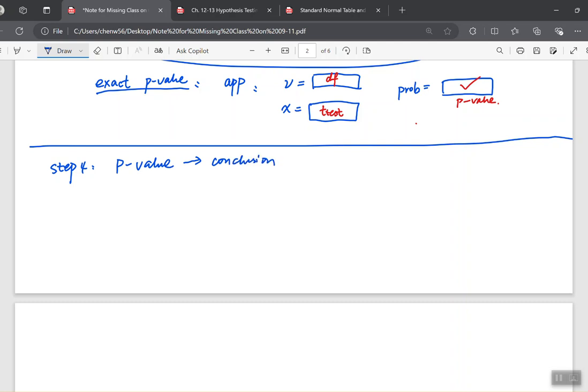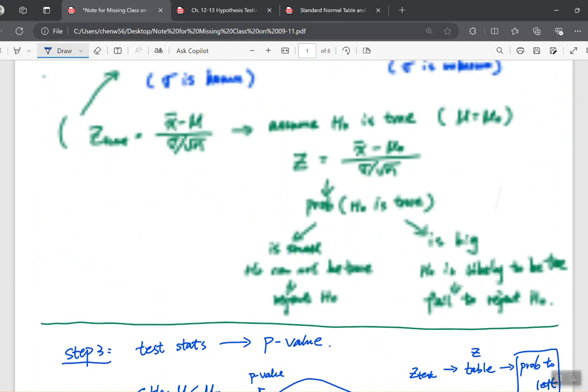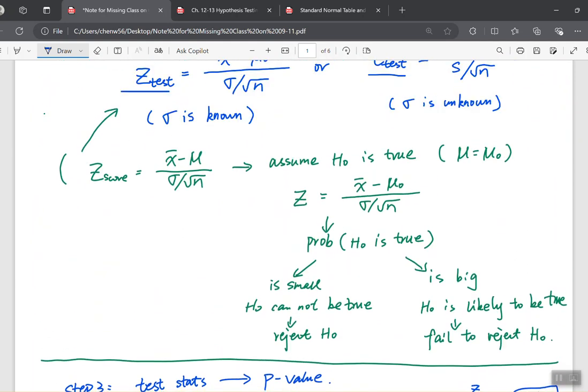All right, so let's review a little bit. When we talk about the idea of hypothesis testing, when we talk about the probability that the null hypothesis is true, actually we are talking about the p-value, right?